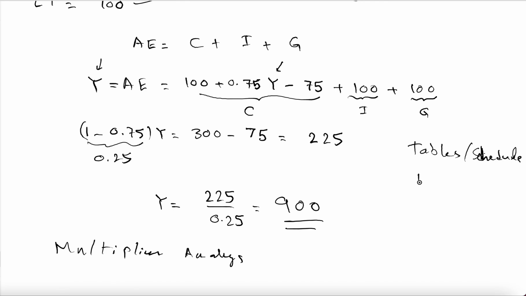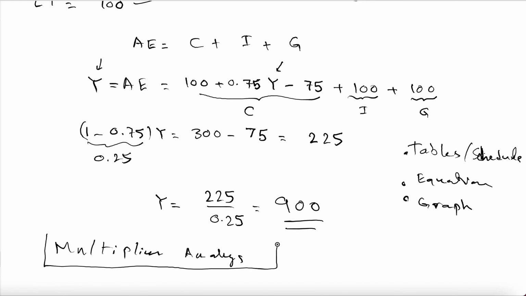We did it with the equations. And we did it with the graph. Three different languages, mathematical languages, for our analysis. I stop it here, and next we would do what happens if an exogenous variable changes. This is called multiplier analysis. Thank you.